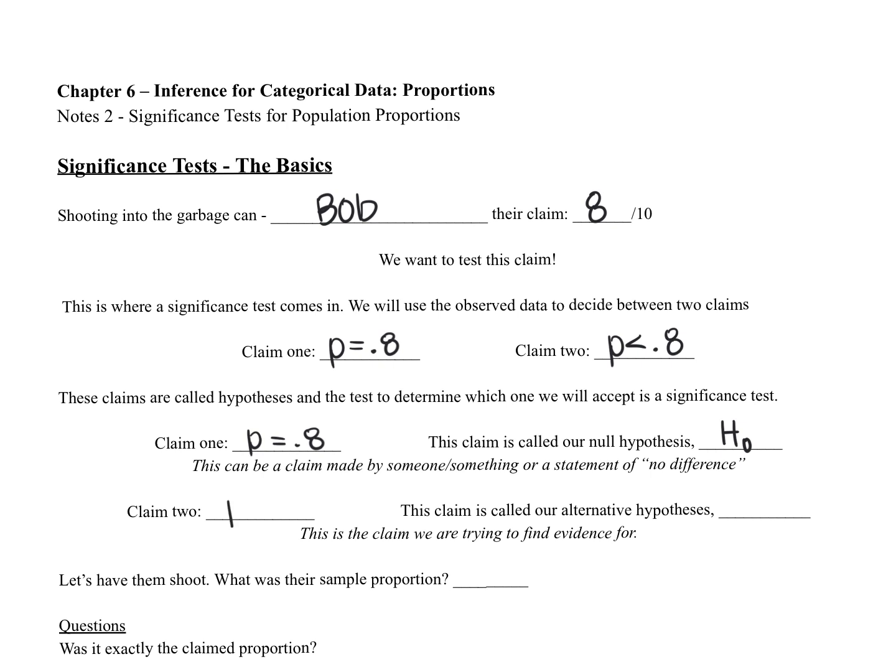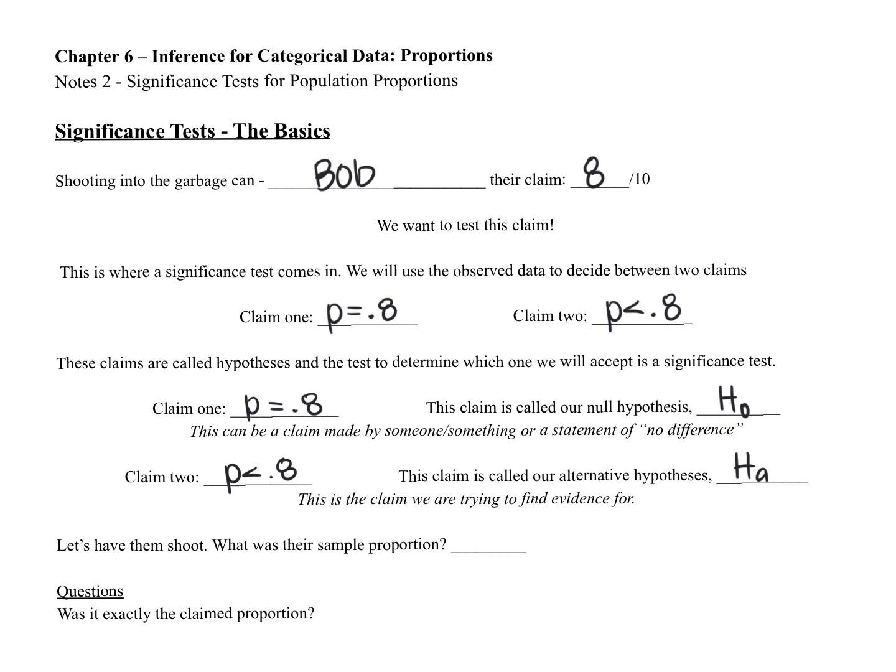Our second claim, that p is less than 0.8, is called our alternative hypothesis, HA. And this is the claim we are trying to find evidence for. We are always trying to find evidence for our alternative hypothesis to show whether or not it's true.